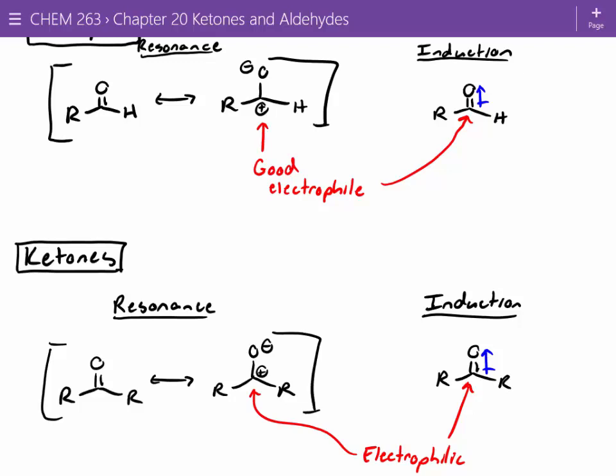And we can say that this top one is less stable, more electrophilic.